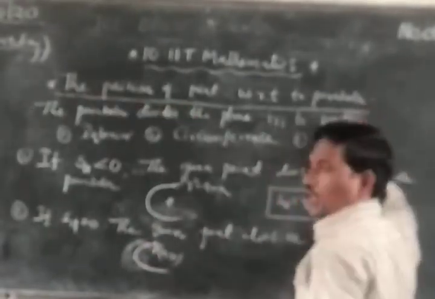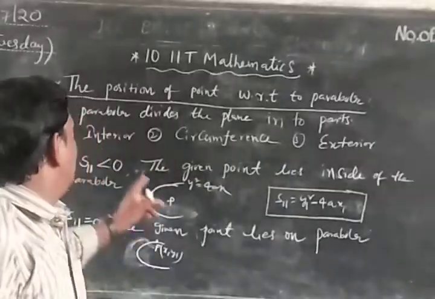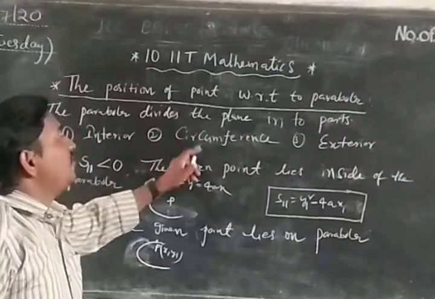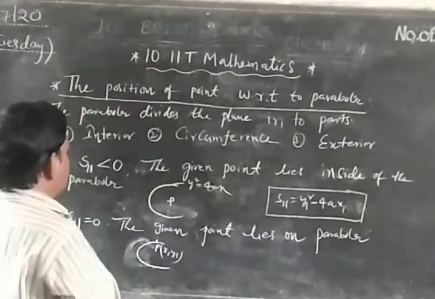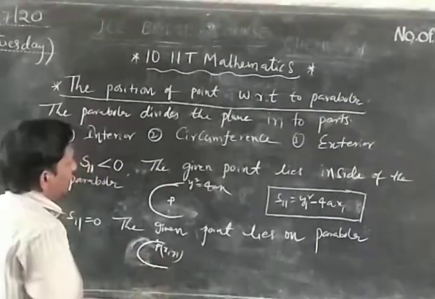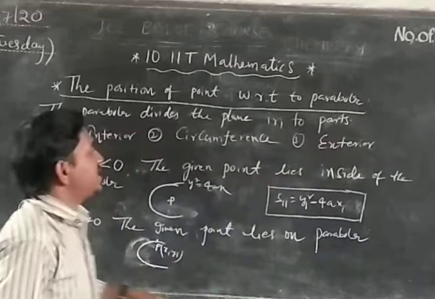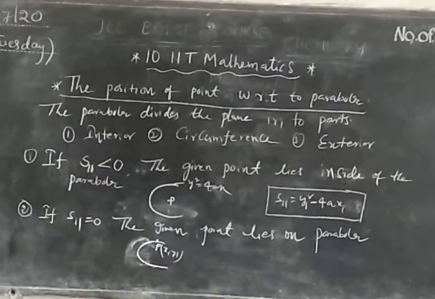The position of the point with respect to the parabola. The parabola divides the plane into three parts: interior, circumference, and exterior. Circumference means this is the circumference, interior means this is interior, and exterior means when the point is exterior.